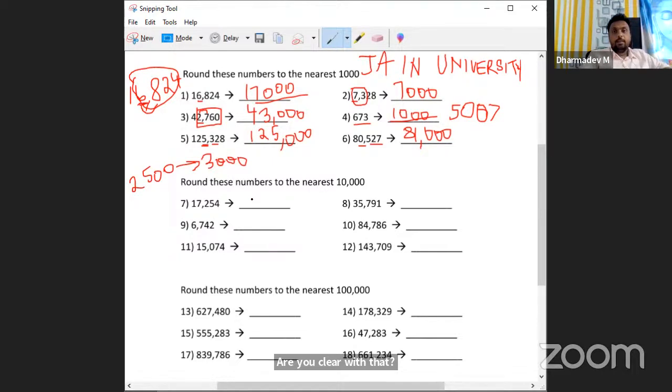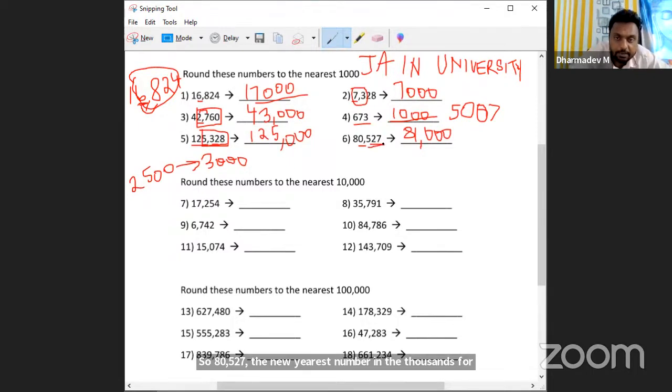Okay. Next one, 125,328, or the other countries, how do you call it? 1,25,328, whatever. So we are considering only 5,328. 5,300, the nearest thousands value will be 5,000. So 80,527, the nearest number in the thousands for 500 plus.